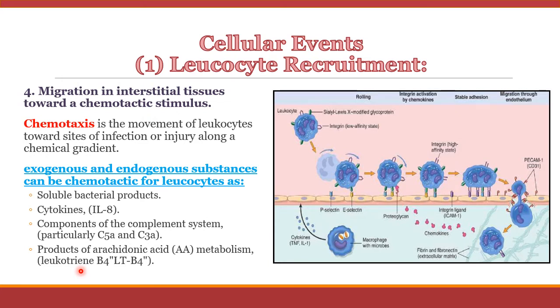Some of them are exogenous. Exogenous means they come from outside the body, like the bacterial products. And some of them are endogenous. Endogenous means that they are secreted from inside the body cells, like the cytokines and the complement components.